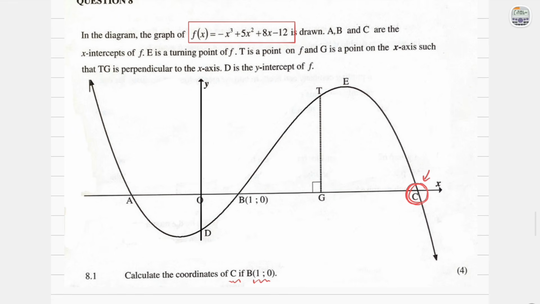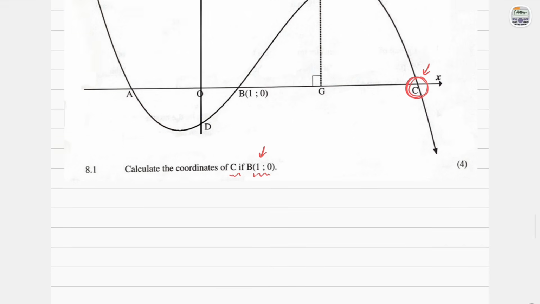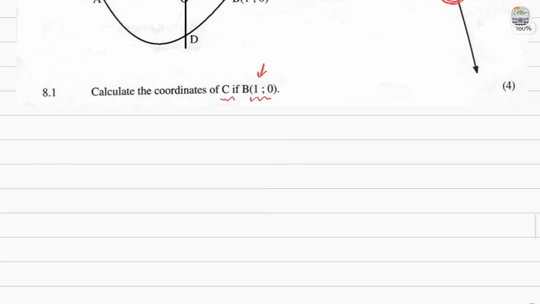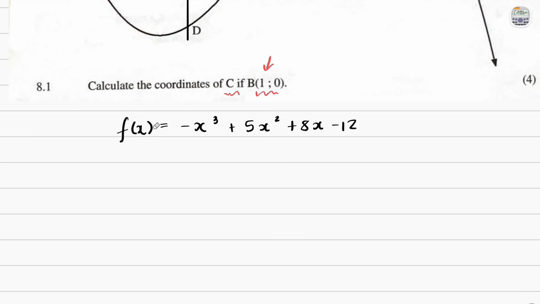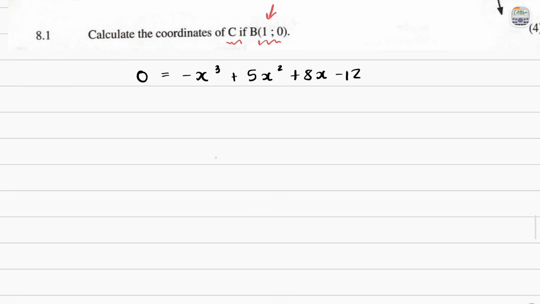So we have the equation of f, and we can make y equal to 0, but then we would have to factorize. So that's probably why they gave us B, to tell us that, hey, we've given you a factor, so you don't have to search for it. Okay, so this is our graph of f. Let's just rewrite it. Okay, so we're just going to make y equal to 0. Now that we have this, using the long division method, we're going to take the coefficient of each of these terms.